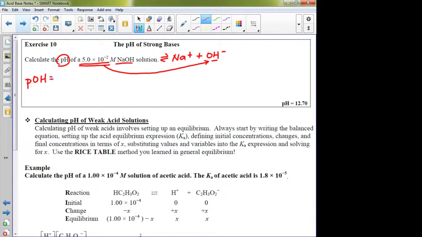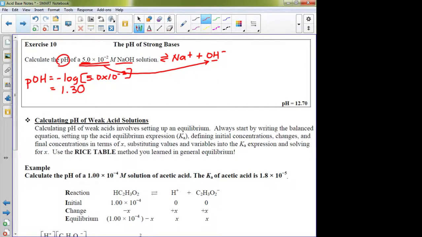So I say pOH is equal to the opposite of the log of 5.0 times 10 to the negative 2. If I put that in my calculator, what do I get? You should get 1.3. How many sig figs are here? 2. So how many decimal places do I need? 2. So we're going to make that 1.30.